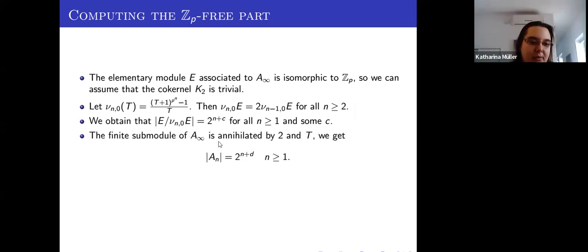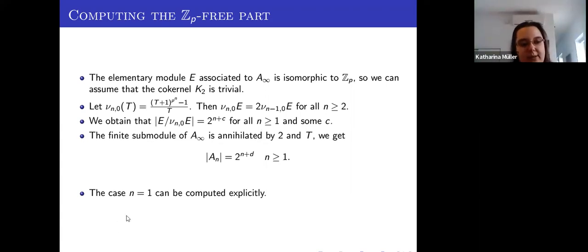And the finite submodule of A_∞ is annihilated by 2 and t. So in total, we get that A_n is 2^{n+d} for n bigger or equal to 1 and some d. And now what we can do is for the case n equal to 1, we can compute the size explicitly. So we can determine d, and this gives the whole proof.